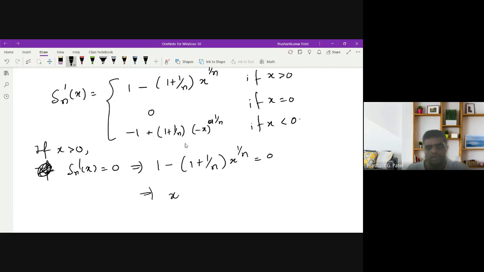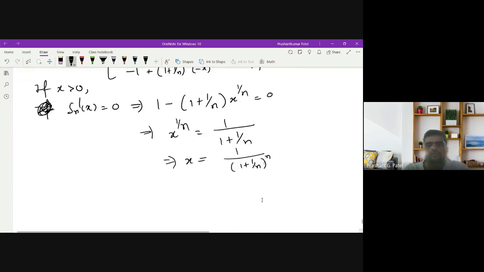So that gives you x power 1 by n is 1 upon 1 plus 1 by n. And if you take the power n on both sides, then x is equal to 1 over 1 plus 1 by n, whole power n. So these are the stationary points.